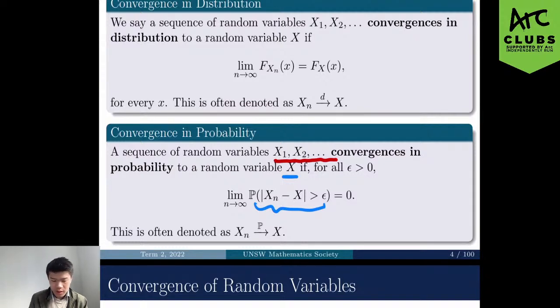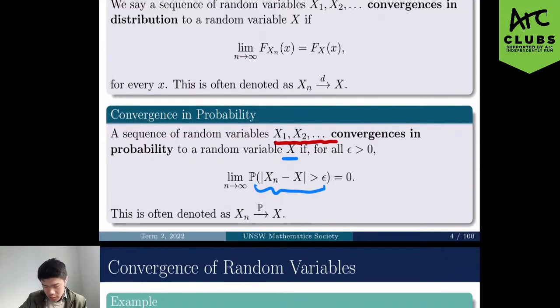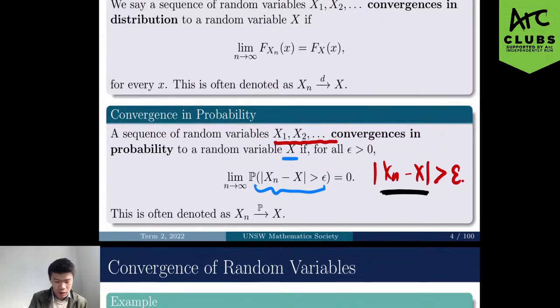This event is that the absolute value of Xn minus X is greater than epsilon, which means the probability of the difference between these two random variables being greater than epsilon needs to approach 0. So you can kind of see what this means, right? If as we go to infinity these two variables can't be very different, their difference becomes very, very small, then that's convergence in probability.